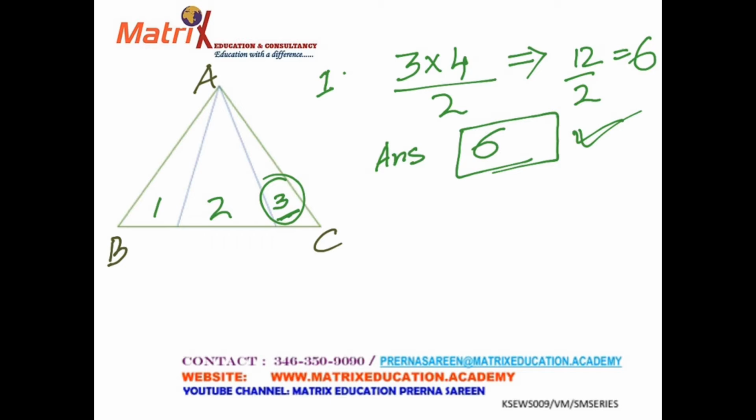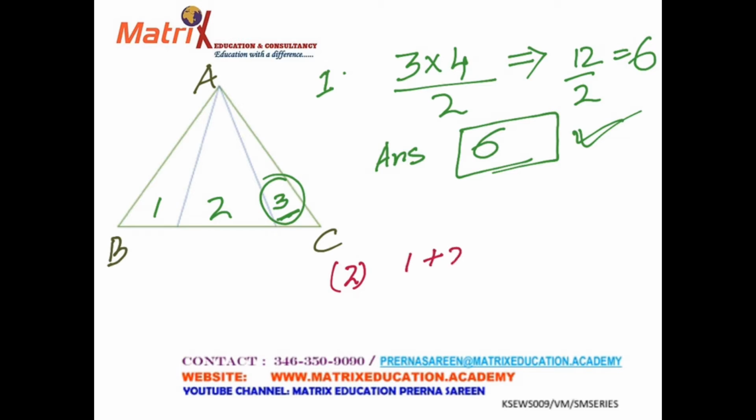Same page, I'm going to show you another method, but in different colors so that you're able to see in parallel the other method to solve these questions. The second, alternate method: I have 1, 2, 3, the splits given to me.